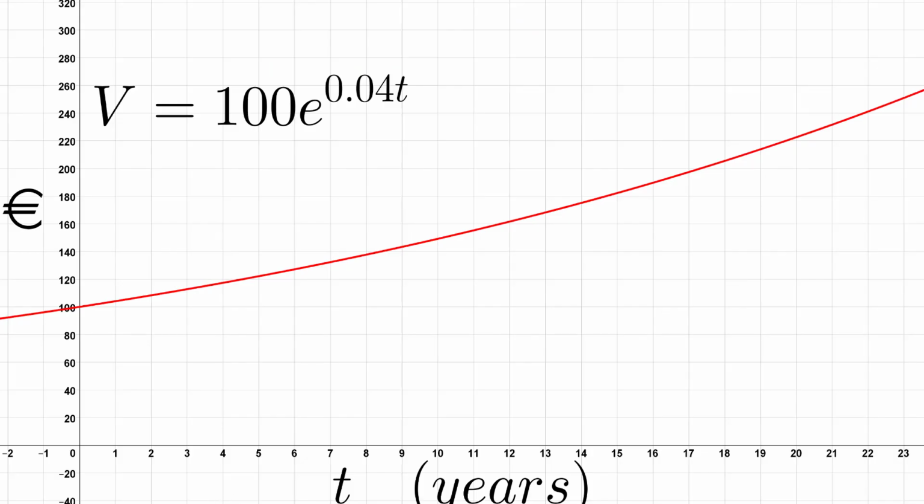If we come back to our graph here, we have our graph V = 100e^0.04t, and we're interested in the value of the investment after 5 years. So when t equals 5, what is the value of the investment?